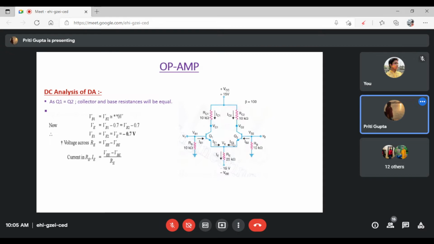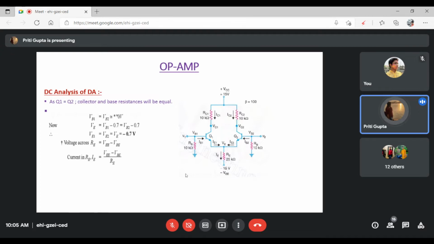Done? Yes, ma'am. Last, current through RE. Which current is passing through RE? IE. IE is the current which is passing through RE.